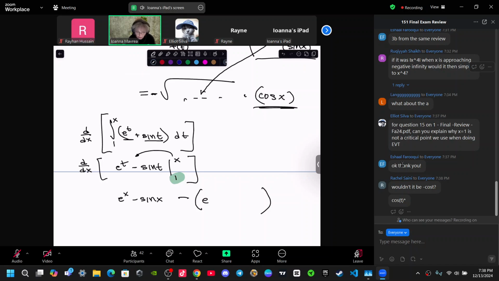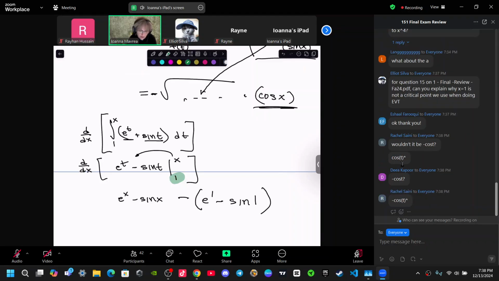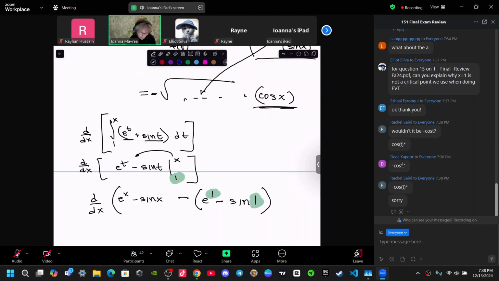When you plug in the 1, nobody cares what you get. Because this 1 could have been a 2 or some other number, it's going to disappear on you because the derivative is coming to get rid of all the constants. So this did not matter. Whether it was a 1 or a 2, the derivative will just make it 0. So all that matters is this.